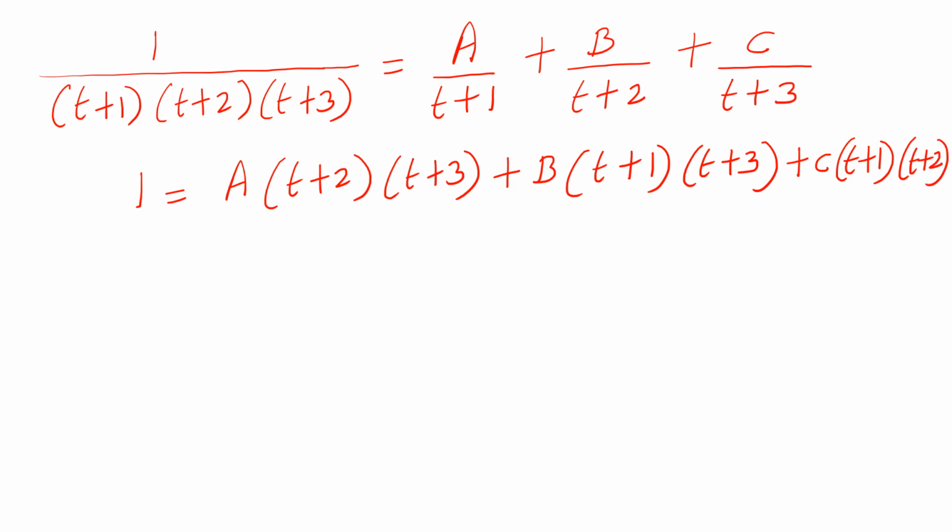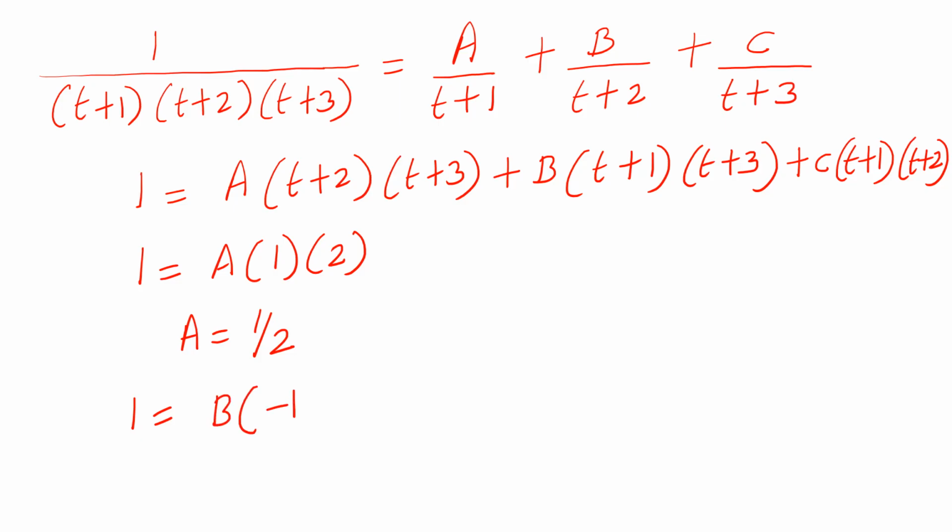Now students, if I put t equal to minus 1 on both sides of this equation, then I get 1 equal to a into 1 into 2. That means a is equal to 1 upon 2. If I put t equal to minus 2 on both sides of this equation, I get 1 equal to b into minus 1 into 1.